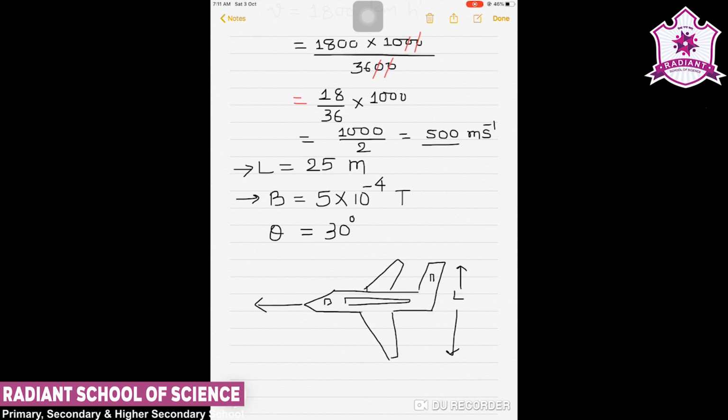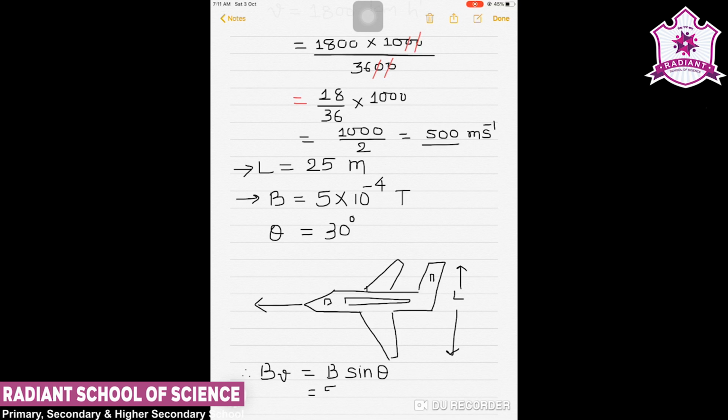So here we can calculate B vertical. As the plane is moving at a very great height and continuously changes its position, B vertical can be given by B sine theta, as we consider it makes an angle of 30 degree, the angle of dip.